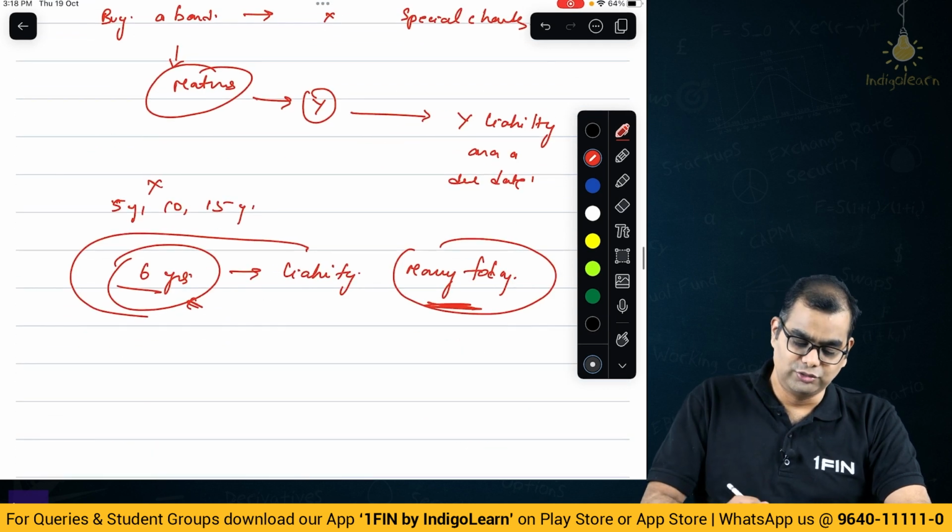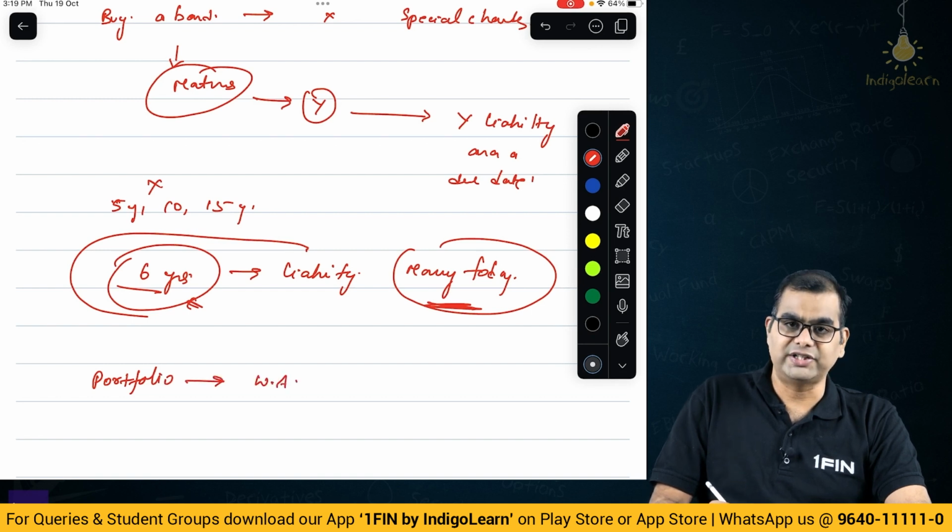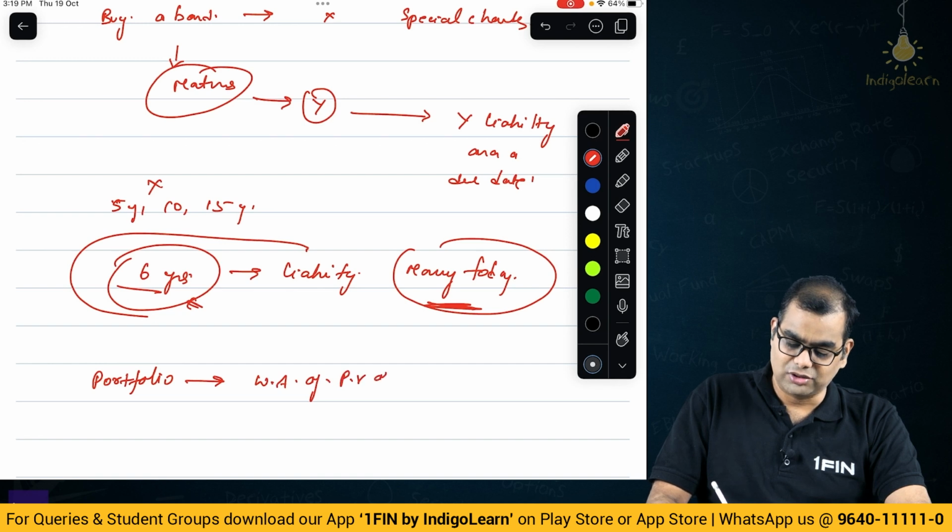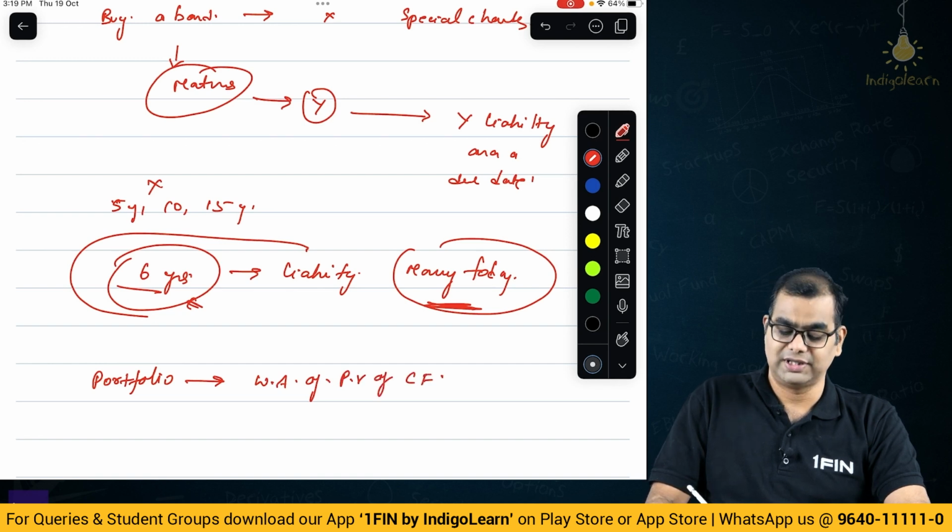So what you will do is, you will create a portfolio whose weighted average of present value of cash flows is equal to tenure of liability.